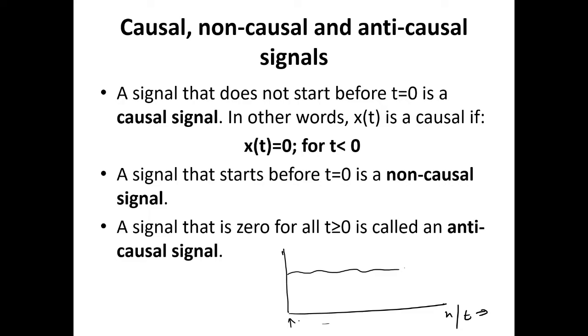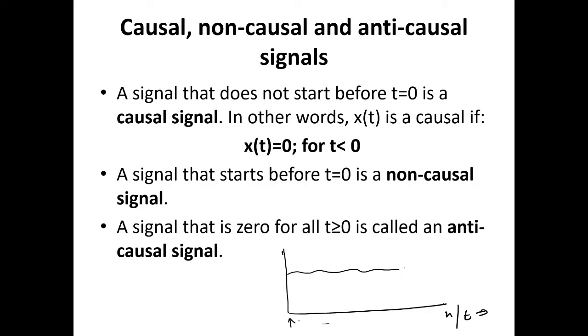So what do we mean by cause? Cause means there must be some event to have an effect in the future. So in the future, due to an event, we should have some cause.